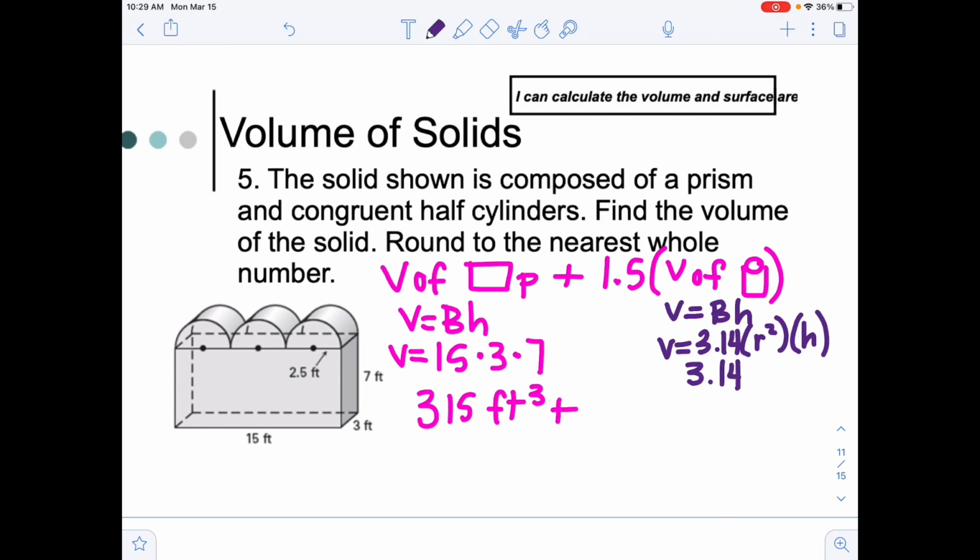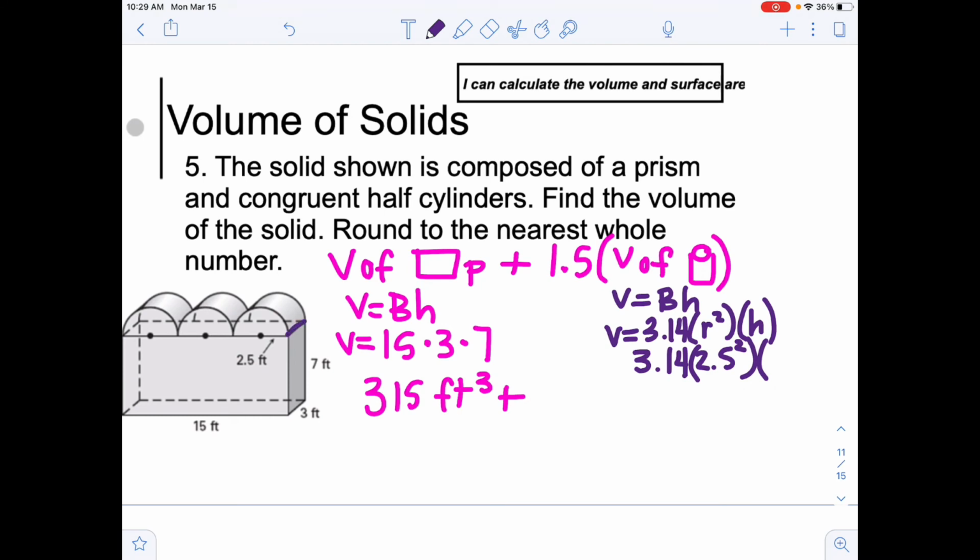So the radius here of one of the circles is 2.5, so 2.5 squared. And then the height of my cylinder is this length here. So look at what's parallel to that. So 3 feet, so my height is 3. 2.5 squared, 2.5 times 2.5 is 6.25. So 3.14 times 6.25 times 3. So I'm typing that into my calculator, and I get 58.875.